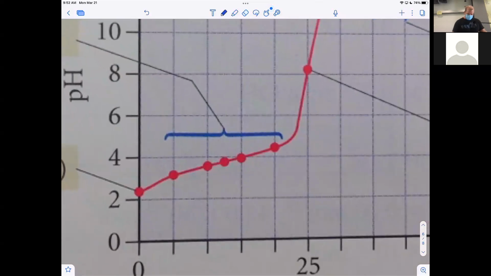If you look at a tangent line here, around the pKa, the rate is going to be that way. If you look at the pH change here, that's a lot more significant. So depending on where you're at in the curve, the pH change is going to be faster on the edges than in the middle.